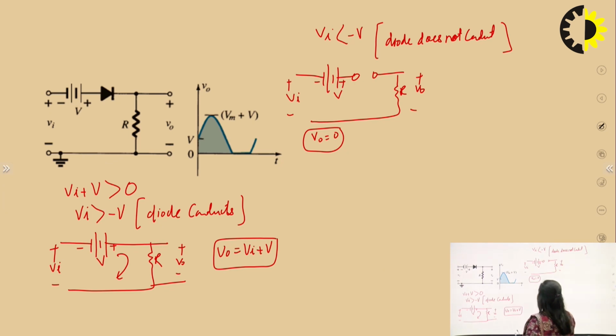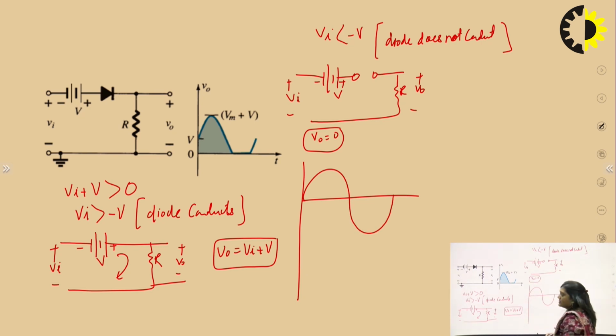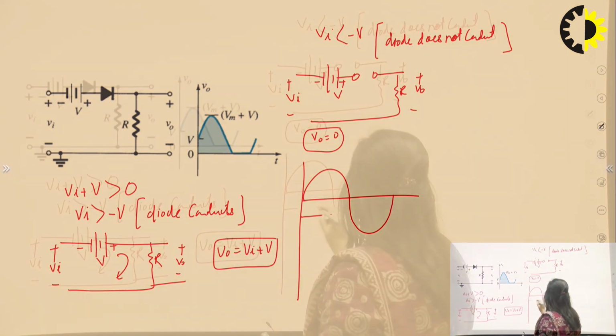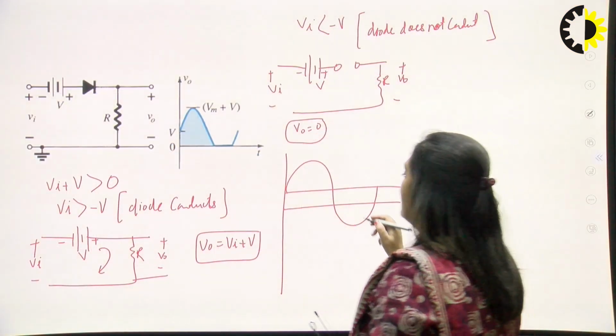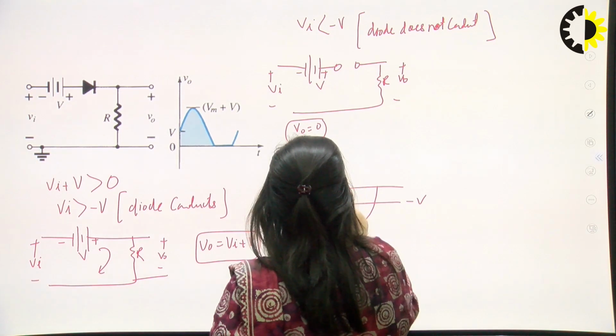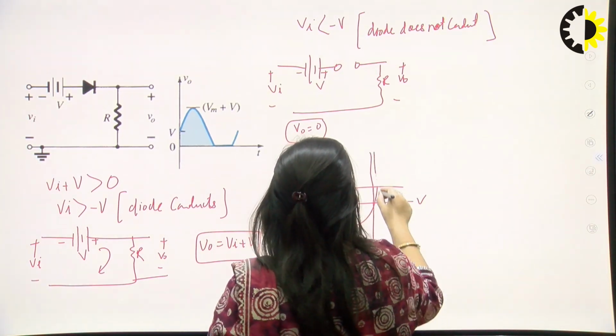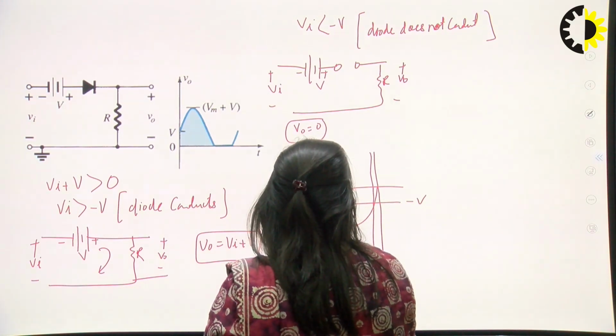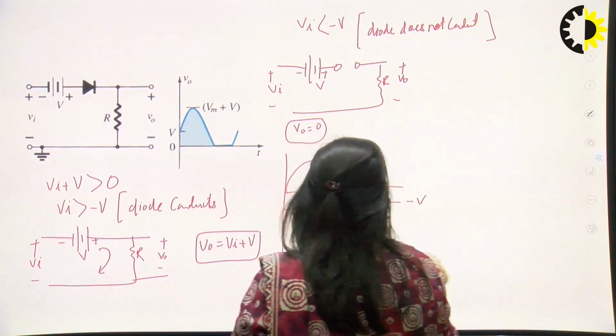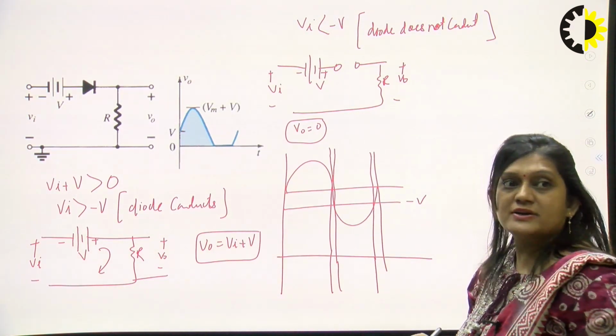Now we have to draw the waveforms. So this is our input waveform, and now we have to draw the threshold line, that is of minus V. So this will be our minus V, and now we have to draw the perpendicular lines from here. Okay, now we have to find the conducting regions.